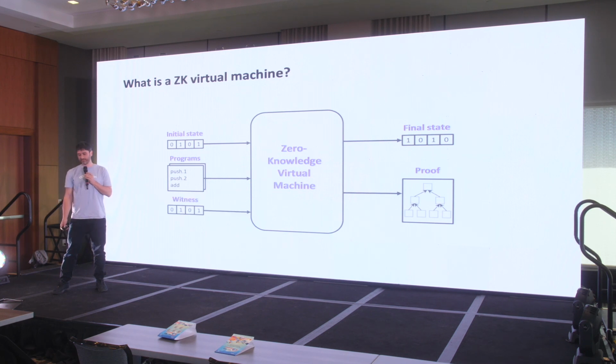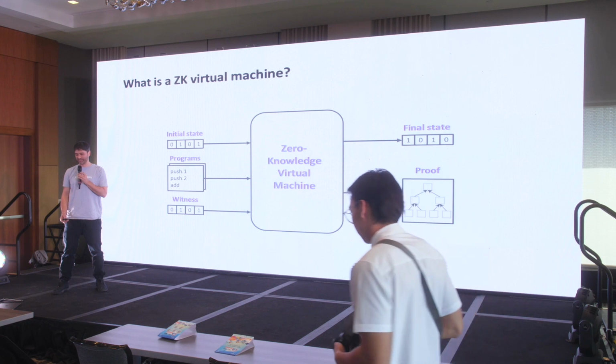And the cool thing is that we can also add a witness, or a secret input. So we have a public input into our virtual machine and a secret input. Only the prover, meaning the person who executes the program, needs to know this witness input, but the verifier doesn't need to know what it is, and that helps us to do private stuff, which is really nice.